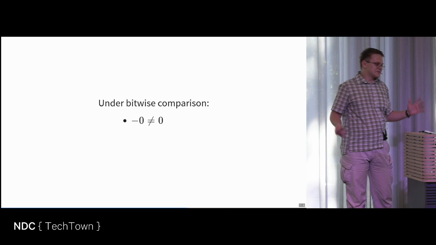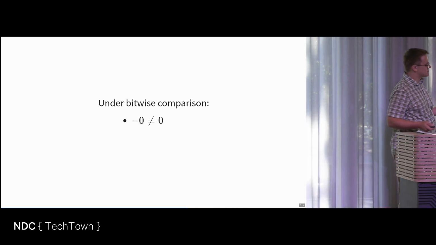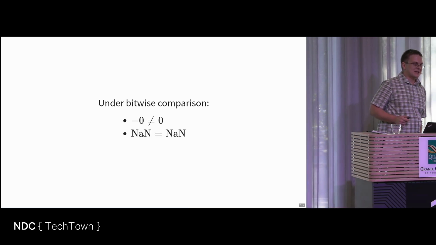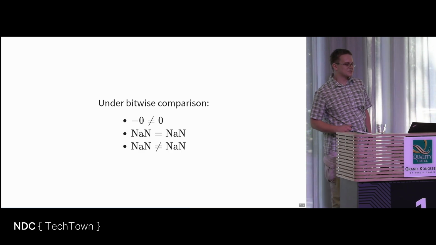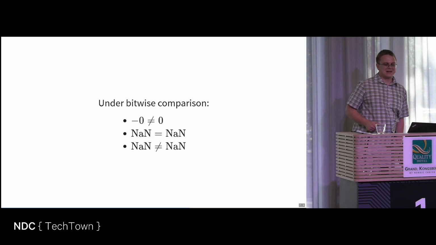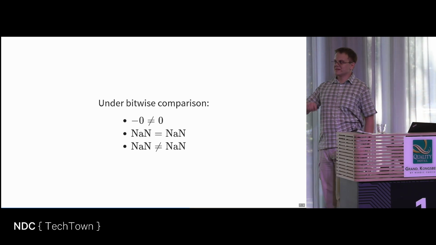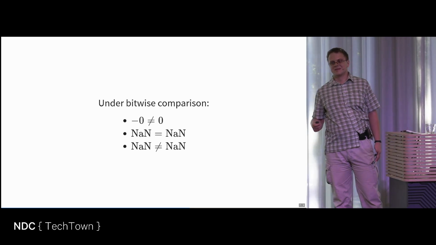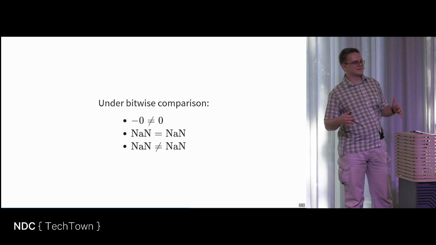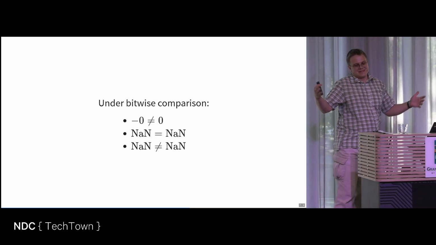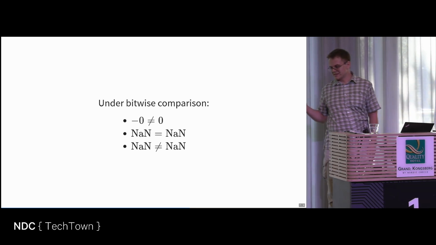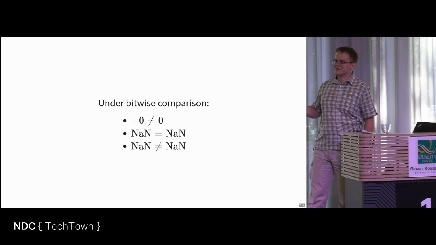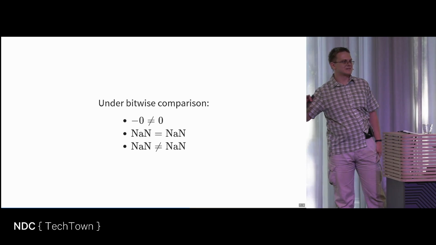This makes some sense. It has some issues. And not a number, this special error value, are equal, but they are also not equal. Because not a number has many different ways it can be represented. So if you do bitwise comparisons, it depends which representation you actually get. So this is the most niche comparison, the least likely you will ever need.